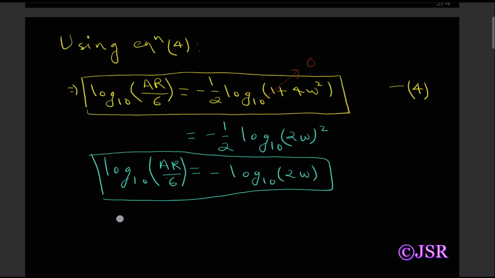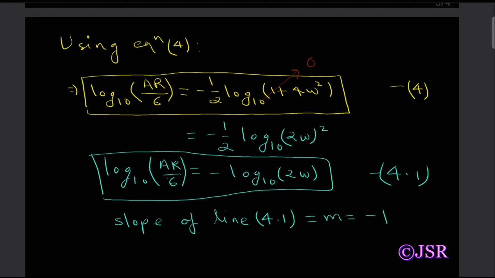So the slope of line 4.1 equal to minus 1.